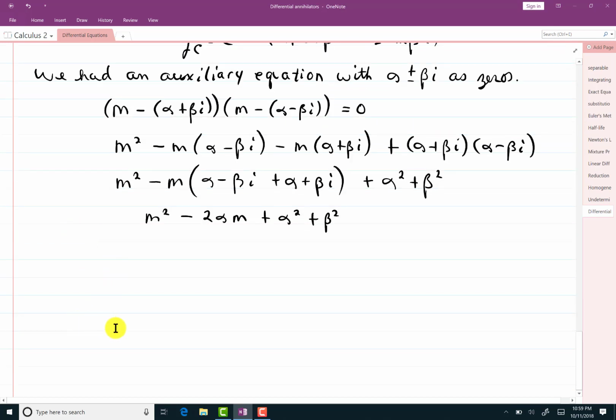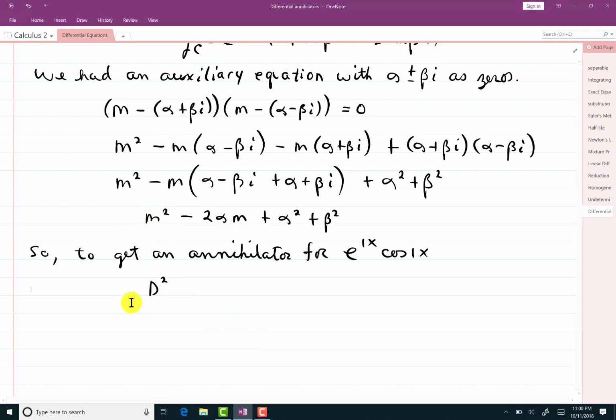If I want an annihilator for e to the 1x times cosine of 1x, your alpha is 1, and instead of m, when we do these things, we apply a D. I'll have D squared minus 2 times alpha times D plus alpha squared plus beta squared.